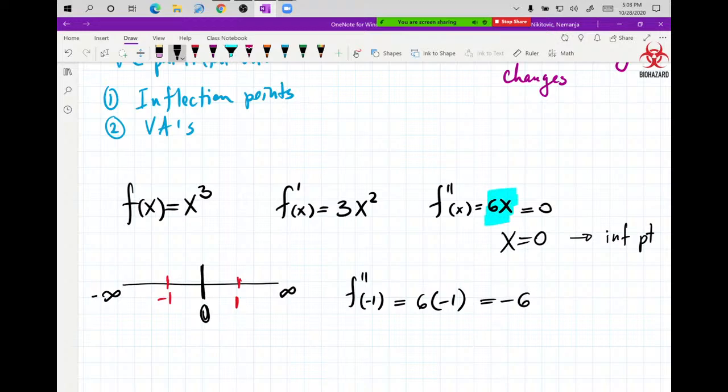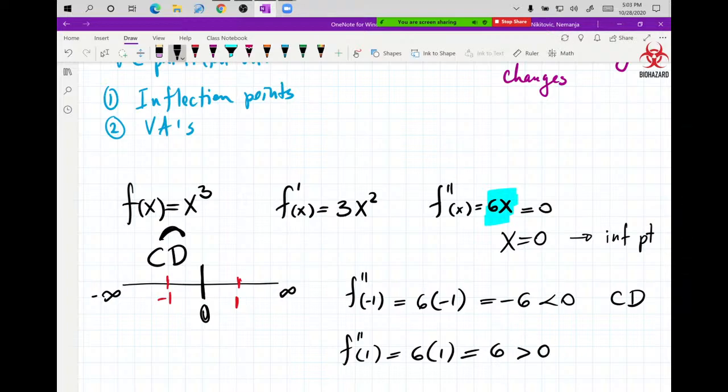And that's going to be -6, which is less than 0. So concave down, CD. You can also put, if you want to, the shape. And then the second derivative computed at 1, which is 6 times 1, is equal to 6, which is larger than 0, and that's going to be concave up. So concave up over here.